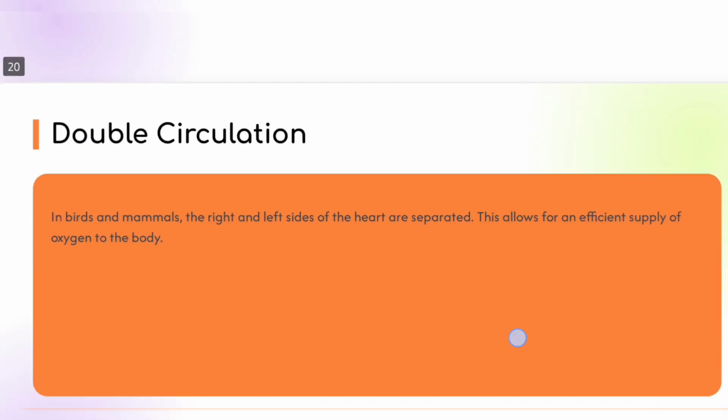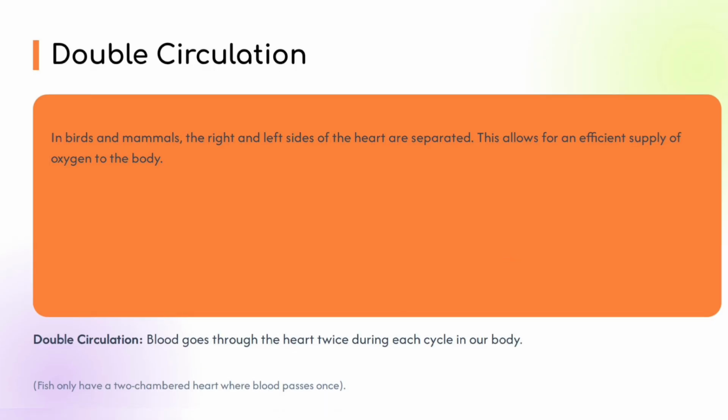Next, double circulation. In humans, birds, and mammals, blood passes through the heart twice during one complete cycle. This is called double circulation. Blood goes through the heart twice during each cycle in the body.